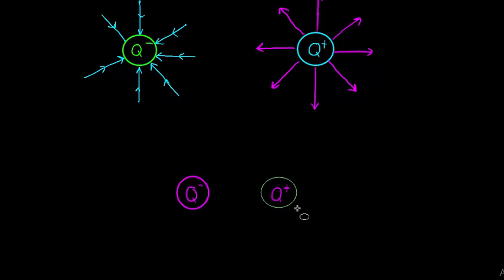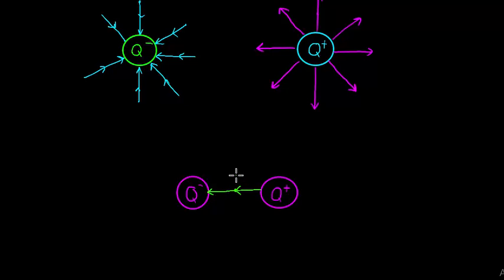What would a positive charge experience if I put him anywhere here? So imagine now I put a positive charge right here. This positive charge will experience an attractive force in this direction and a repulsive force by this one. Okay, so they will just be a straight line.